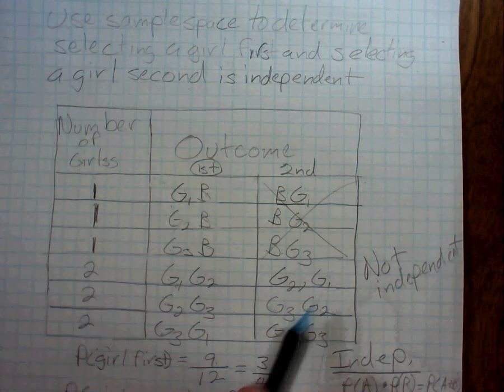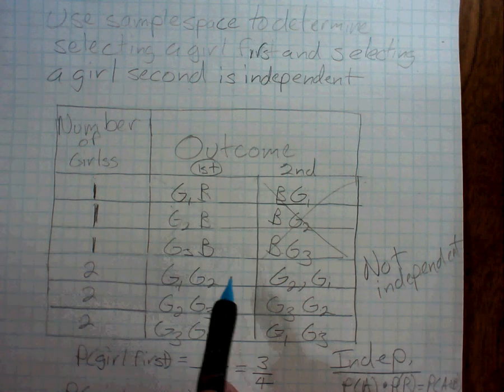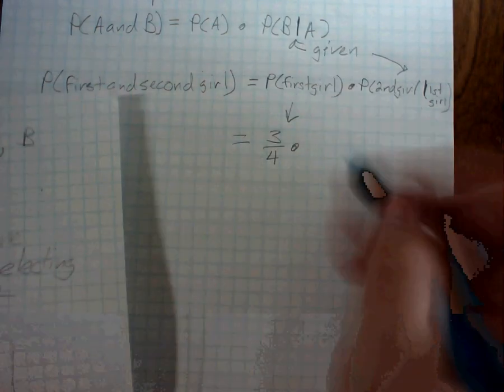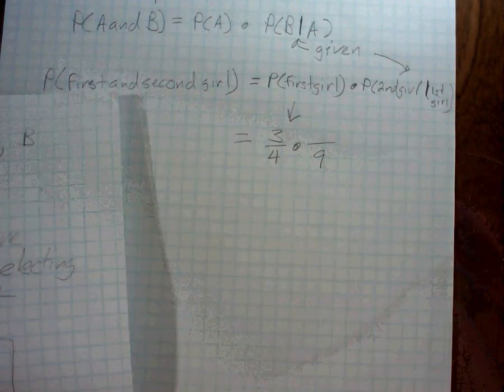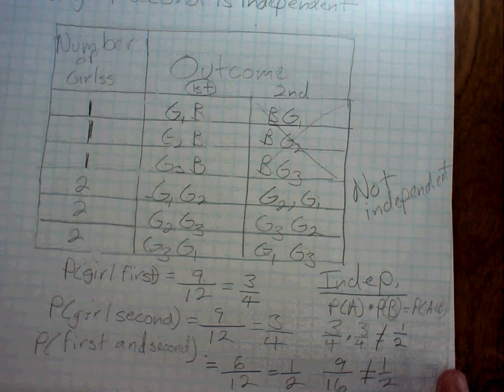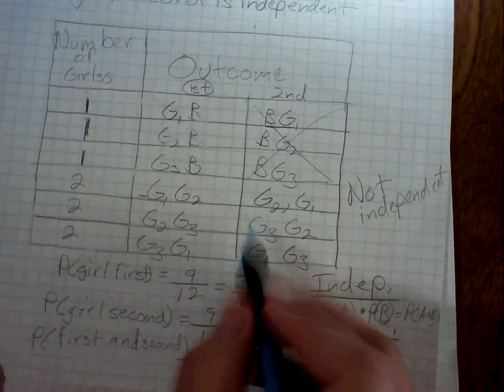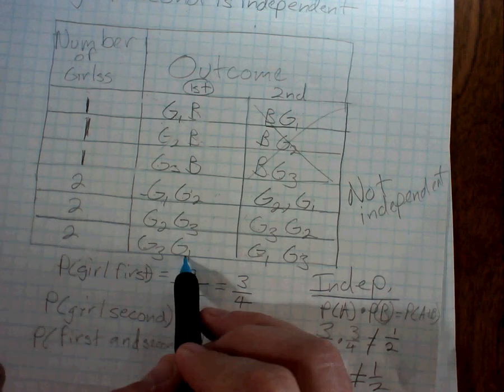Okay? So now my sample space is 1, 2, 3, 4, 5, 6, 7, 8, 9, right? So my total possible outcomes then would be 9. And then I've got to figure out how many of those I'm going to get a second girl based on the first one being a girl. So that would be 1, 2, 3, 4, 5, 6. Because the second person's a girl given that the first is a girl.